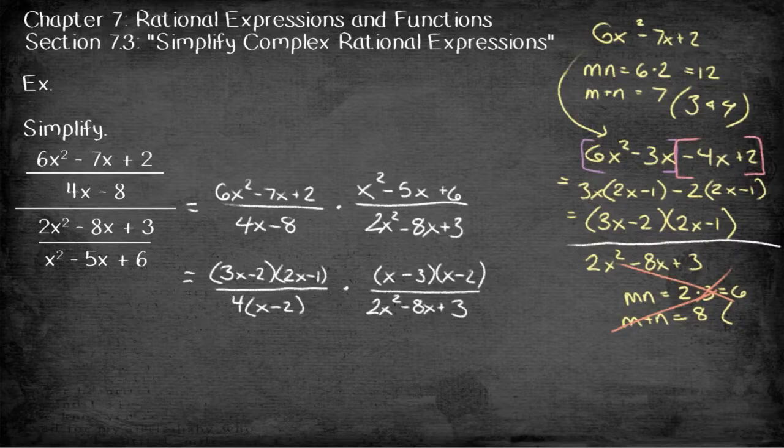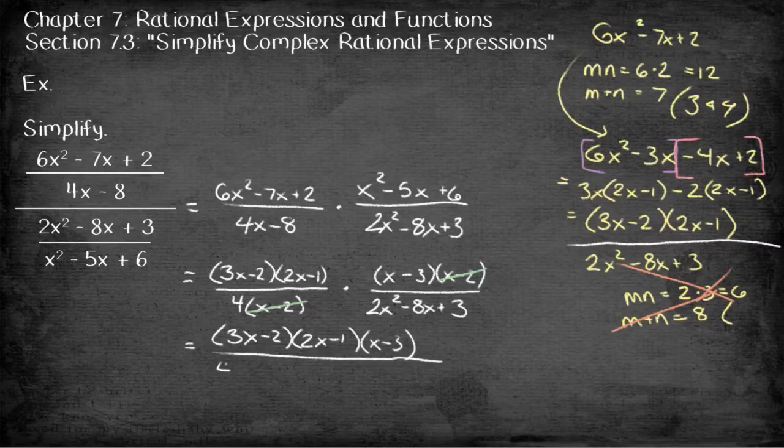And what else can we do? Those x minus 2's divide out, so really what we're left with is 3x minus 2 times 2x minus 1 times x minus 3 all over 4 times 2x squared minus 8x plus 3. So it ends up looking pretty, that happens sometimes.